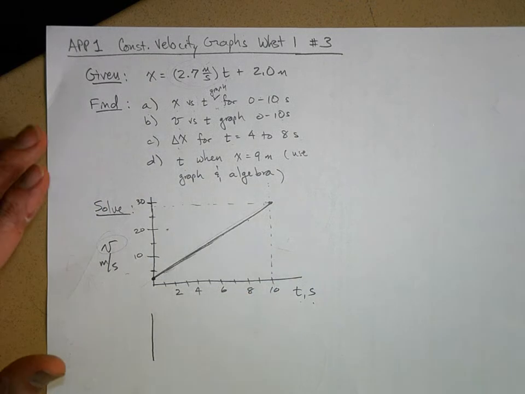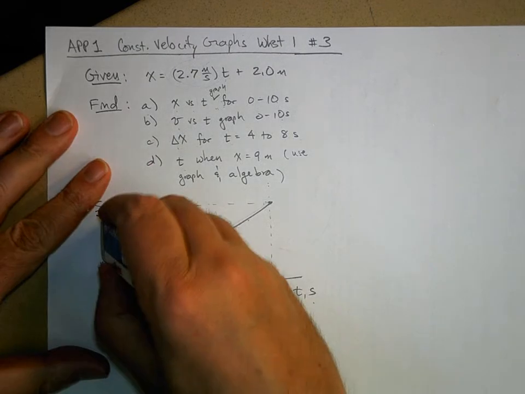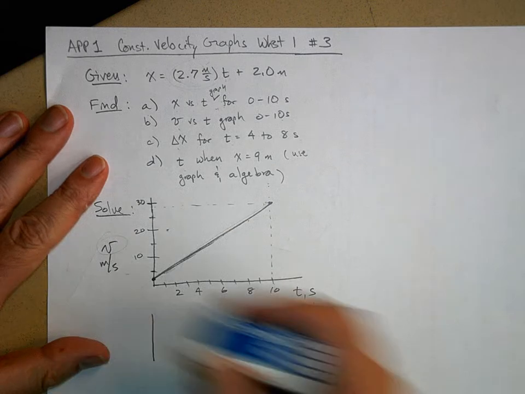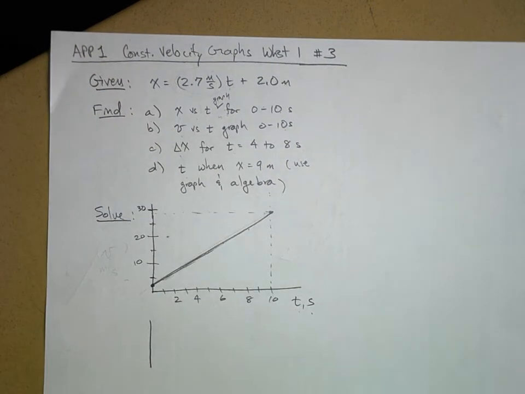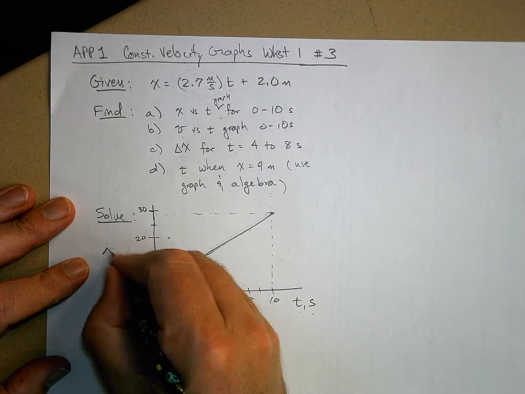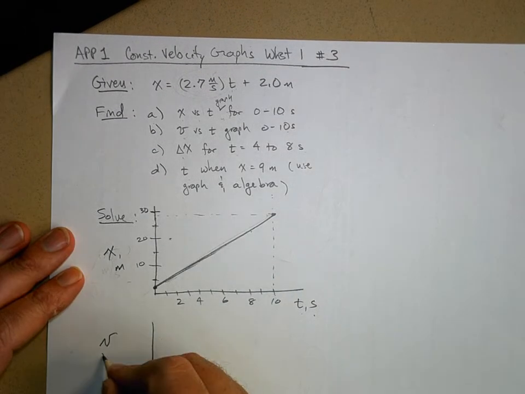And doggone it, I'm sorry, I misspoke. This is position in meters. I was testing you to see whether you would catch me with that, and you all failed. So this is velocity in meters per second.